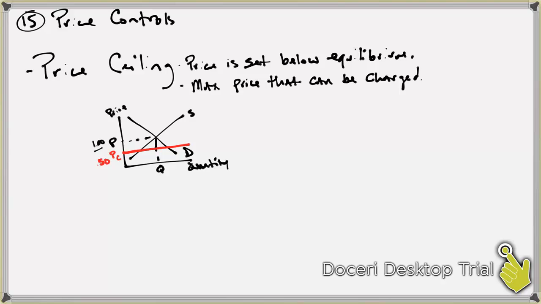Because look what happened. Okay, if I look at that line and I take a look at the quantity demanded, we'll label that QD for quantity demanded. The amount of donuts that people want to buy has gone up, right? People are like, yeah, jackpot, I'm going to get cheap donuts now because of this price ceiling. But who's not happy? The sellers, right?